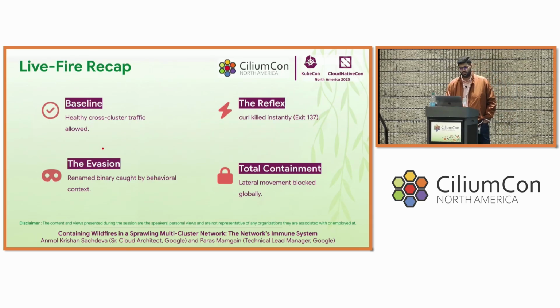Then we had the evasion command. This was where the quarantine controller logic came into the picture because the tracing policy itself was not able to contain this attack. And ultimately, we blocked the lateral movement because we were able to quarantine the pod itself.